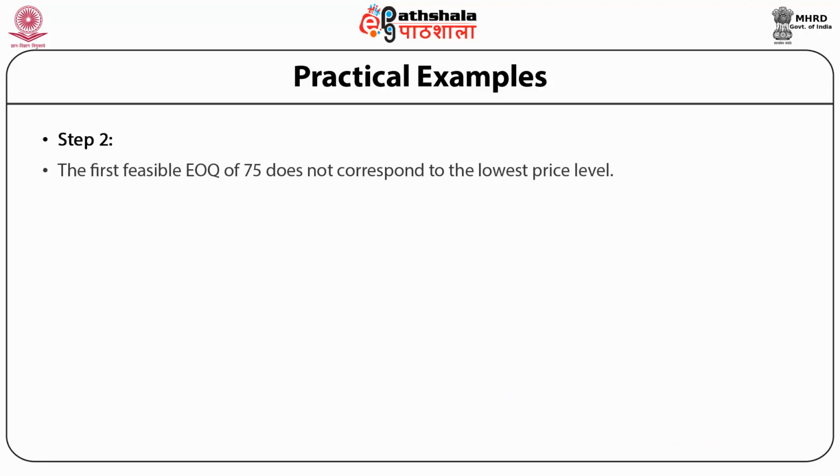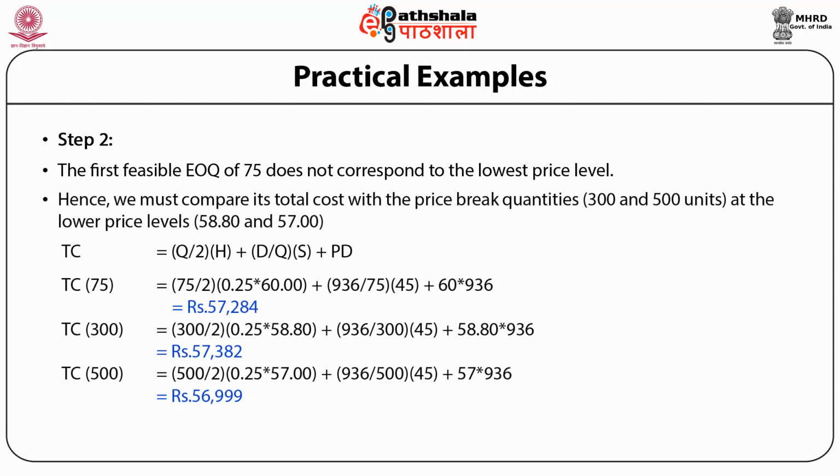Step 2. The feasible EOQ of 75 does not correspond to the lowest price level, hence we must compare its total cost with the price break quantities 300 and 500 units at the lower price levels 58.80 and 57.